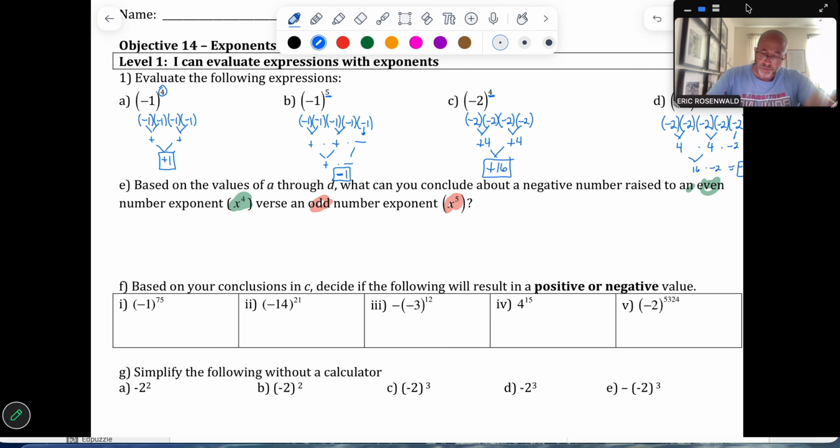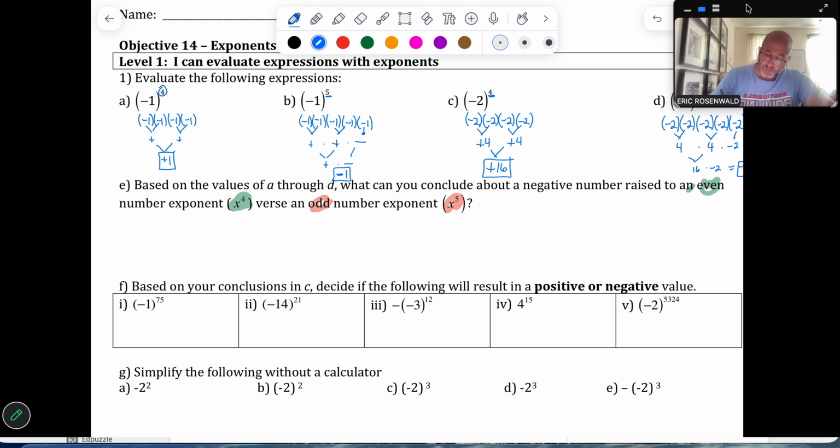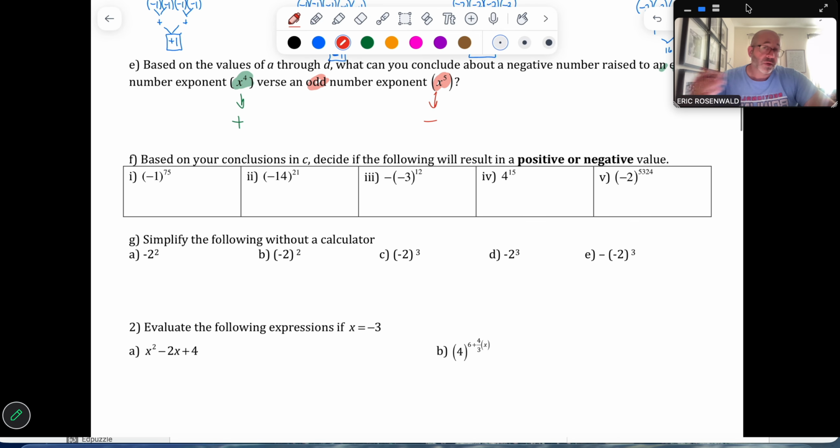In these cases, let me write this out. Right here, this is going to end up being positive, and this right here is going to end up being negative. Okay? So, based on that, we can use that pattern to work through some other problems relatively quickly, whether it's going to be a positive or a negative.